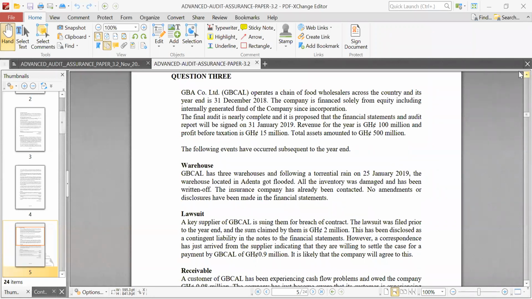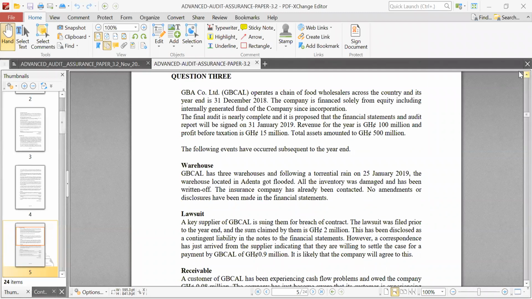It occurred after year end, and the flood couldn't have been in existence as at 31st December 2018. So it occurred after year end. And so this event is what we call in reporting or in accounting a non-adjusting event.